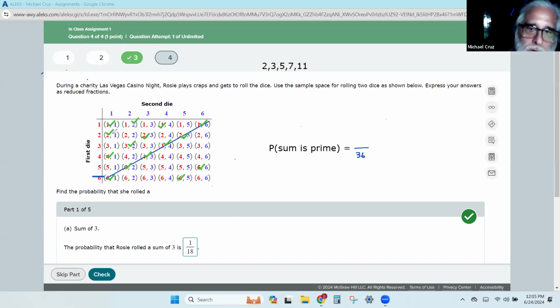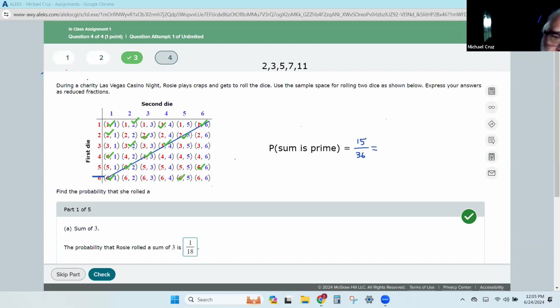And then 1, 2, 3, 4, 5, 6, 7, 8, 9, 10, 11, 12, 13, 14, 15. I'm going to double check those because this is not a typical one. So 1 and 1 is 2, 2 and 1 is 3. So both of these. Skip the 4s, go to the 5s. 4, 5, 6, 7.